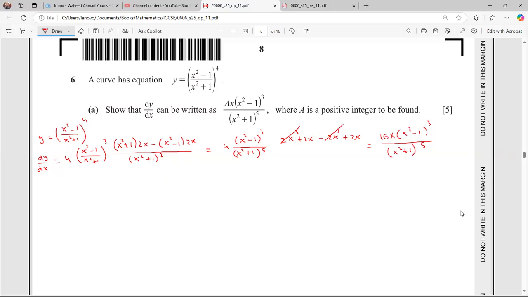Now, if you compare this expression with this one, you can see that A is 16. We have everything there. x is there, (x square minus 1) power 3 is there, (x square plus 1) power 5 is there. So A is 16. Okay, so this is the end of this problem.